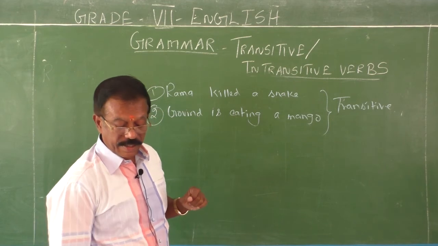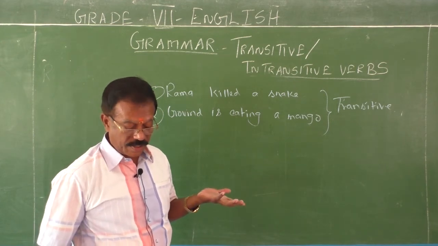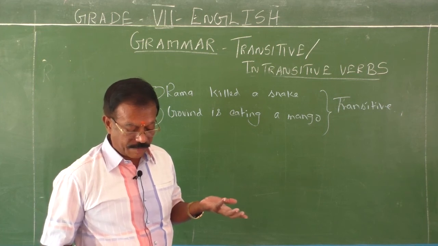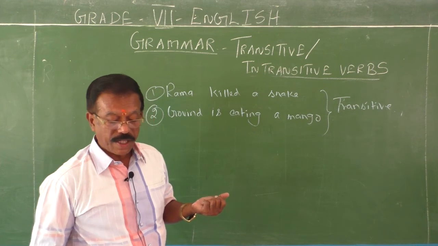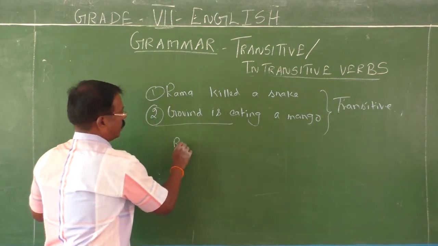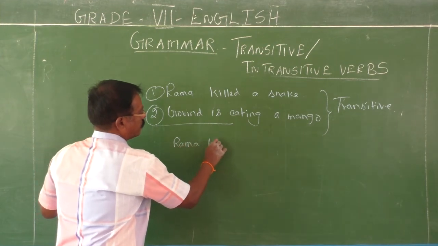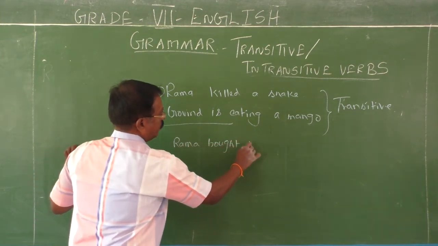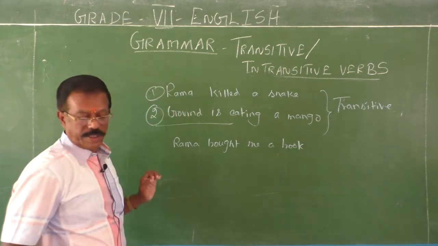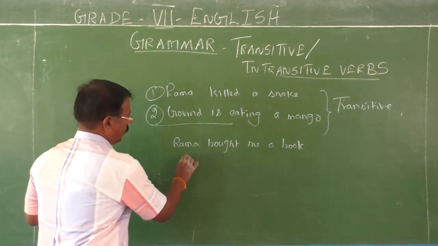And there are some transitive verbs which, being the finite verb of the sentence, make the sense complete by taking a direct object and an indirect object. See, another group: Rama bought me a book. He sent me a watch.